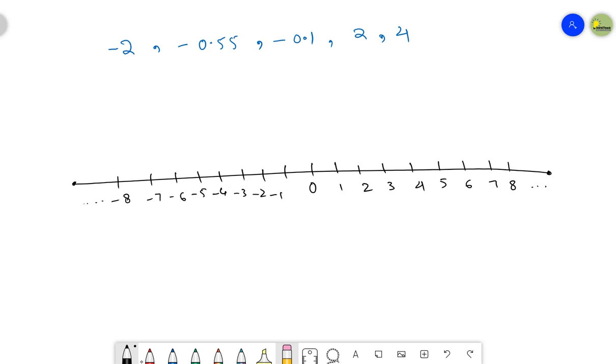Now the important part is that you need to place all the given numbers. These are your numbers. You need to place all the 5 numbers in your number line, starting from minus 2. Just find out in your number line where the minus 2 is exactly present. Here it is. Minus 2.